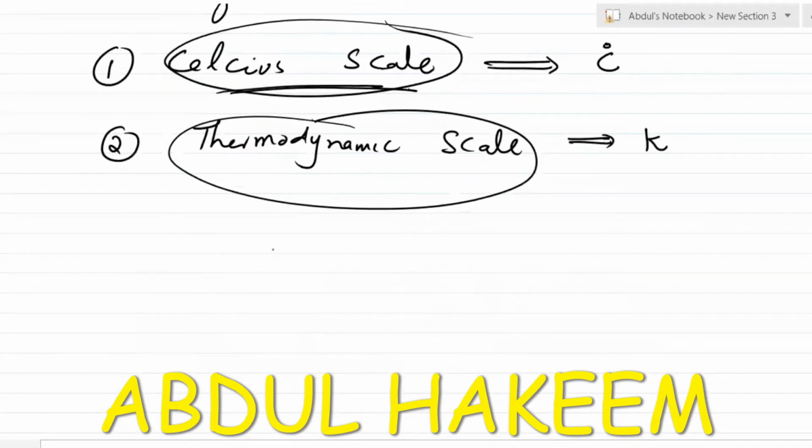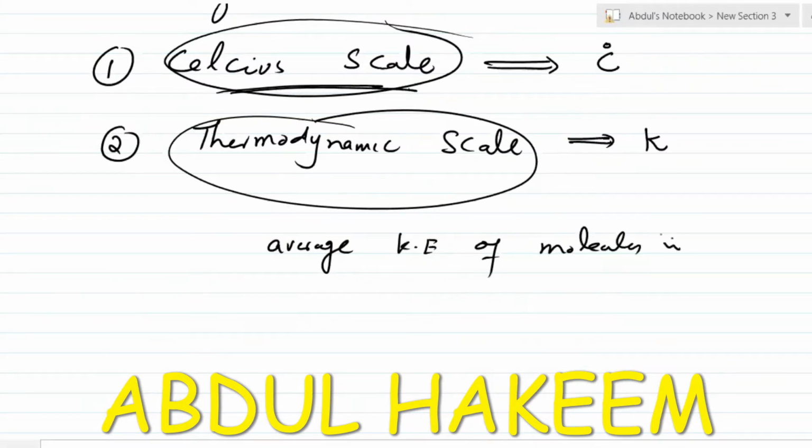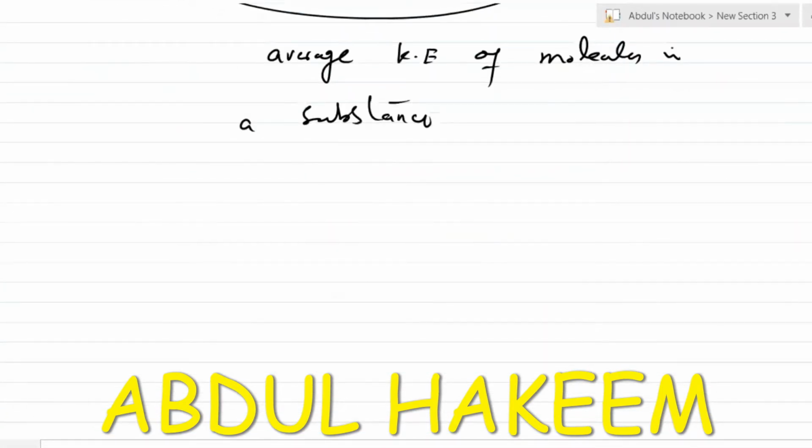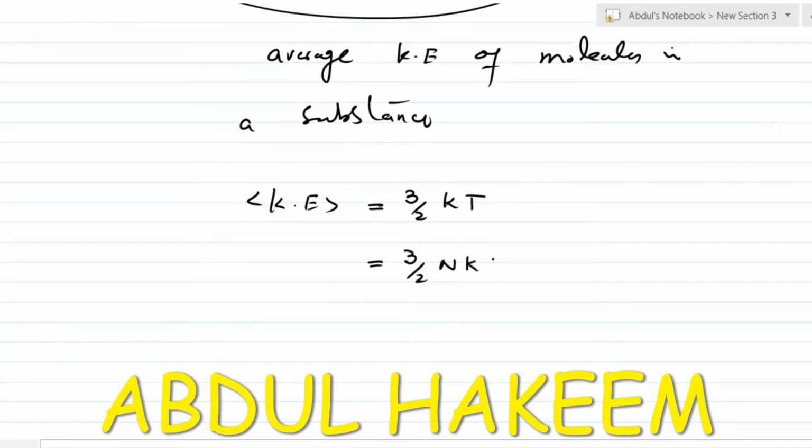It depends on the average kinetic energy of molecules in a substance. And we have proved in the previous chapter that the average kinetic energy of a molecule in a substance is 3 by 2 kT, or the total kinetic energy is 3 by 2 nkT, where T is temperature in Kelvin.